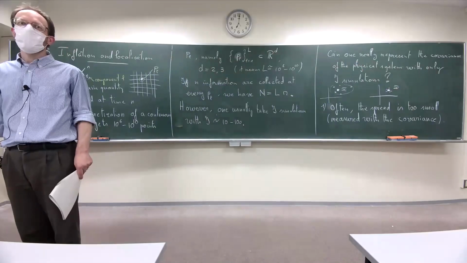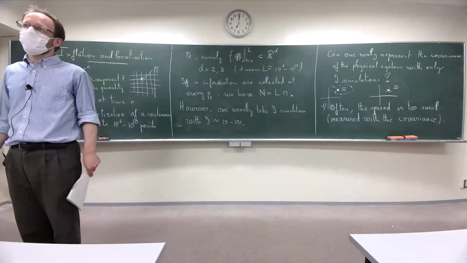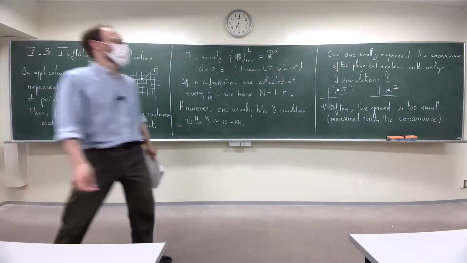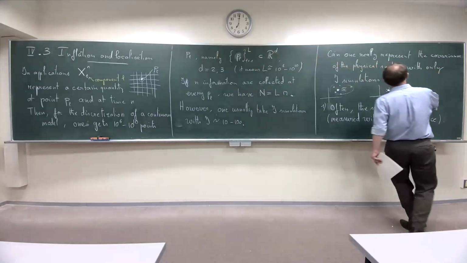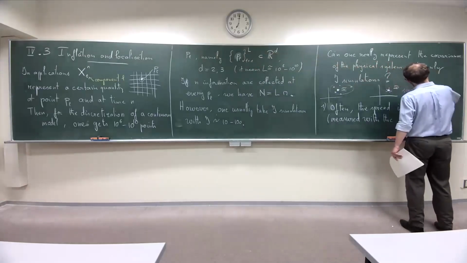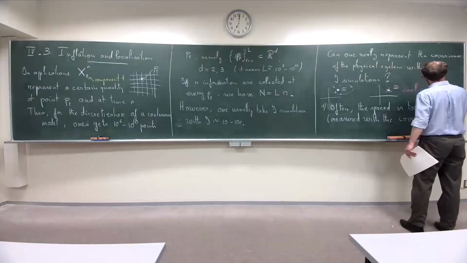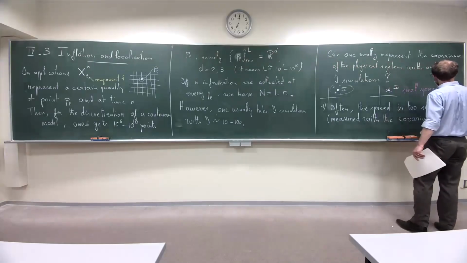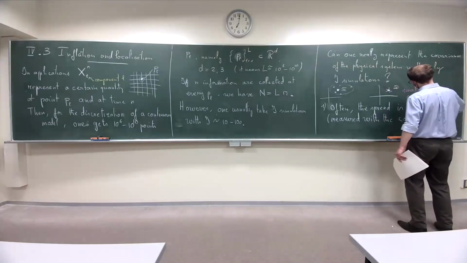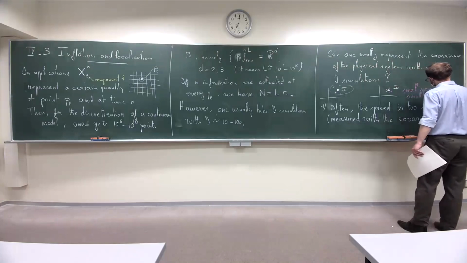And this is never good because it makes your system unstable. So this is a small spread, which means a small covariance matrix.